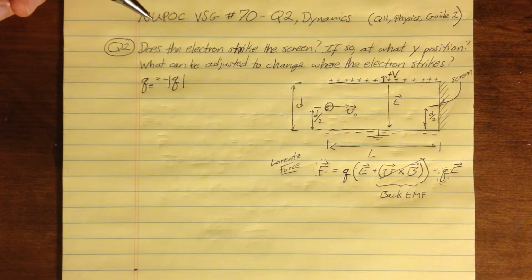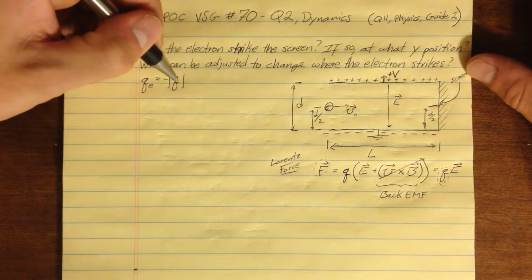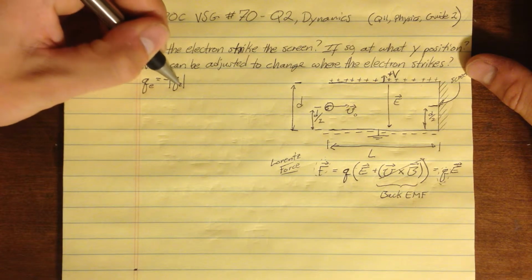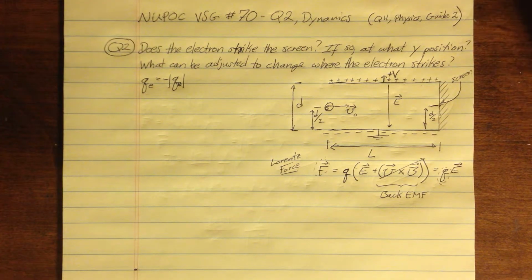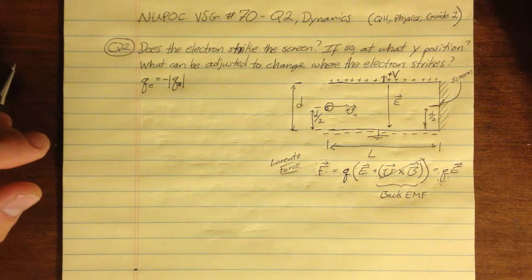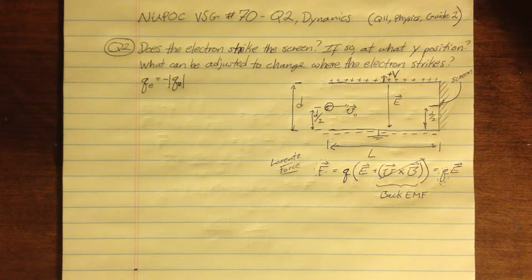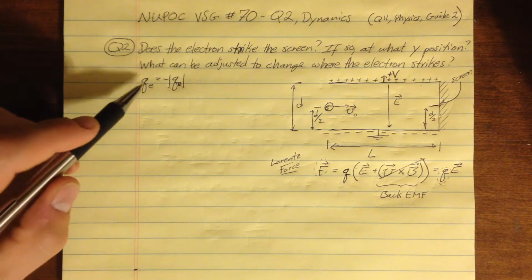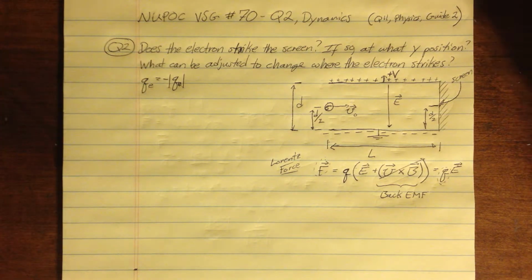An electron is minus the magnitude of Q, and a proton would be plus the magnitude of Q. It's just simply the magnitude of the elemental charge. Since the magnitude of an electron's charge is equal to the magnitude of a proton's charge, we can say F equals minus the magnitude of Q times E.